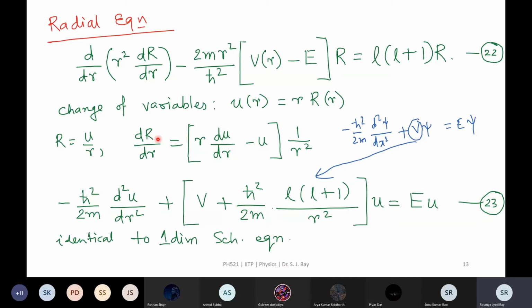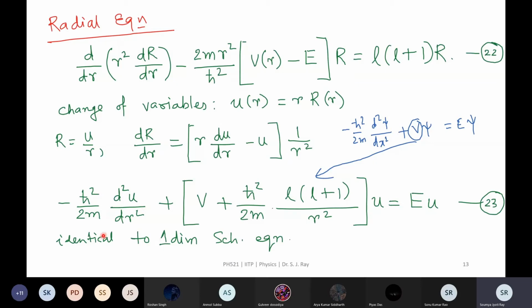With that, we can substitute capital R with u in this equation, so equation number 23 changes to a form in terms of d2u/dr square.